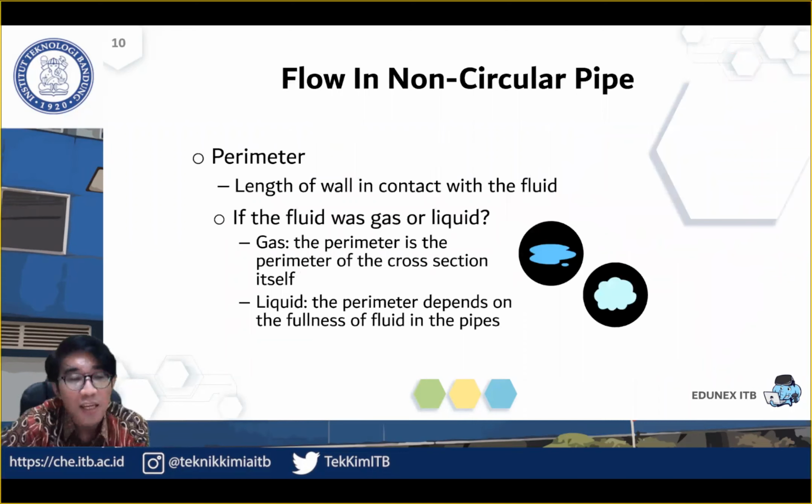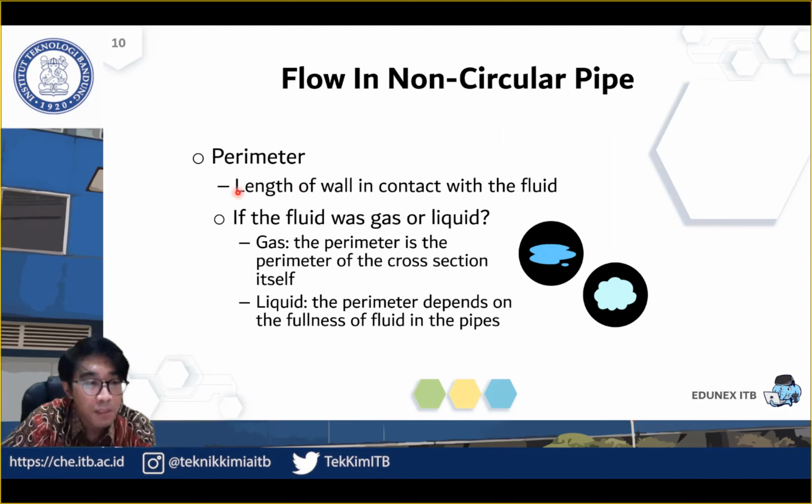Now relating to that phenomenon, you need to understand what we call perimeter. Ya, kalau alirannya itu tidak penuh mengisi pipa, atau bentuk penampang pipa, ya, the cross section of the pipe is not circular, then you need to define what we call perimeter.